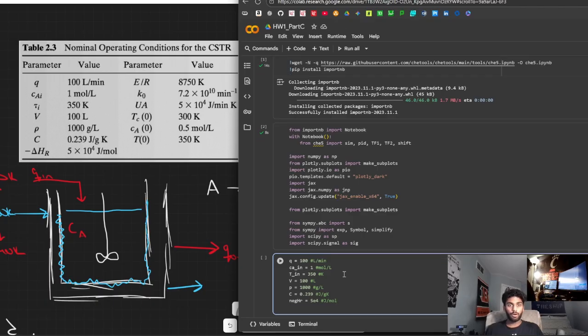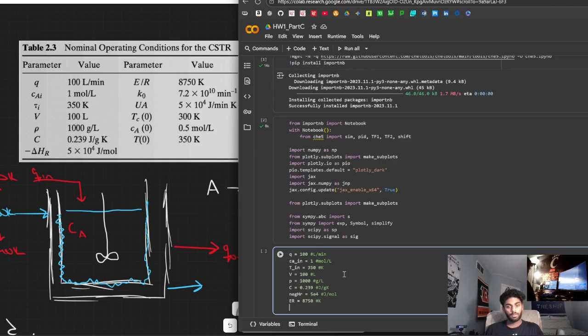This E over R is going to be used in our Arrhenius equation to estimate our k value. Call this ER, 8750 Kelvin. Our k naught, which if you remember, is our maximum reaction rate that we can have as defined in our Arrhenius equation.